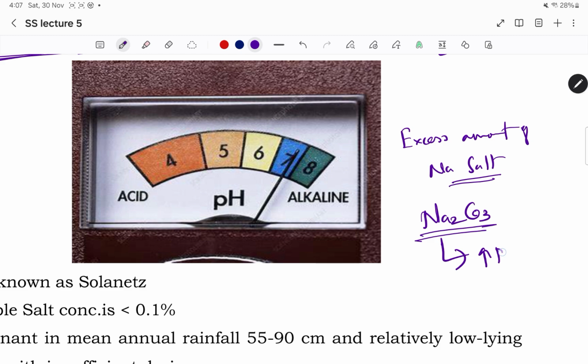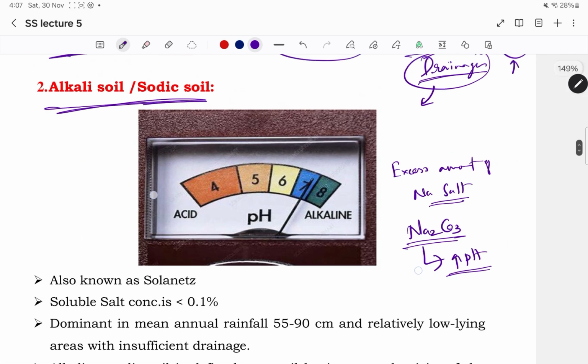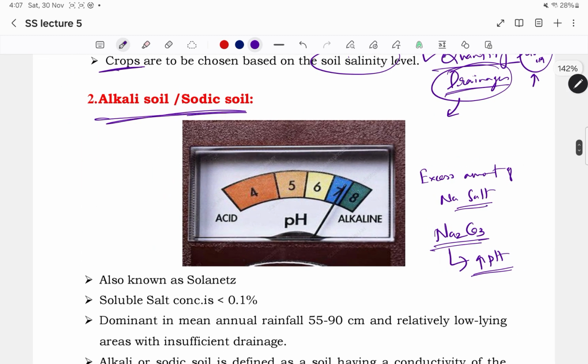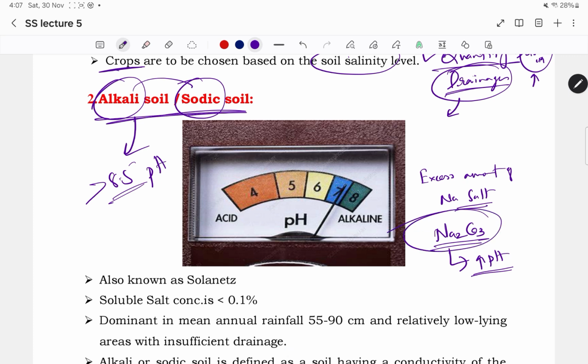This increases the pH of soil. We already know that alkali soil, which is another name of sodic soil, has more than 8.5 pH. Why? Because this sodium carbonate increases the pH of soil, and this soil is also known as solanates. You remember this word, this is important.